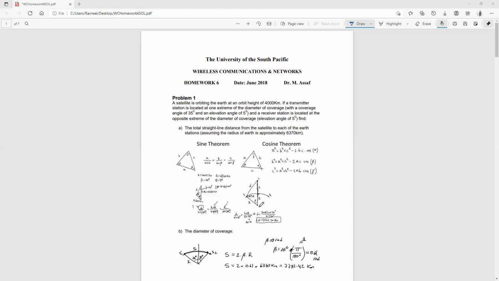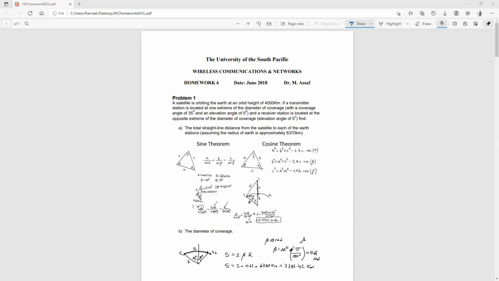What happens is that you can draw a triangle with the center of the Earth, the Earth station and the satellite.